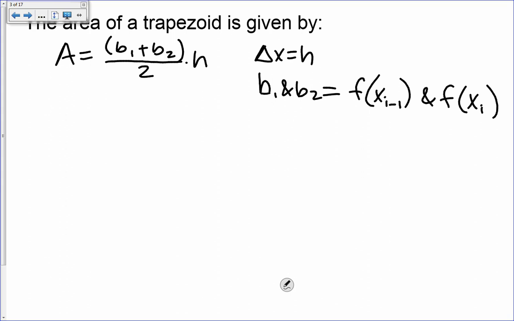So those are the two bases. We are going to be adding them up. Notice how they are in order, just i minus 1 and i. So those are going to be the heights of two bases right next to each other.